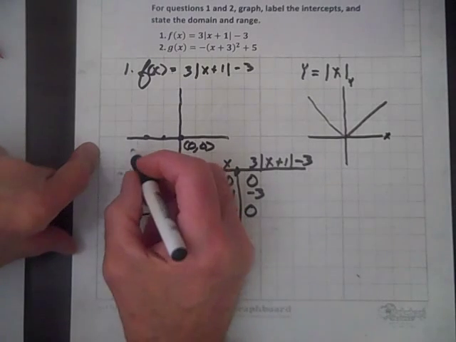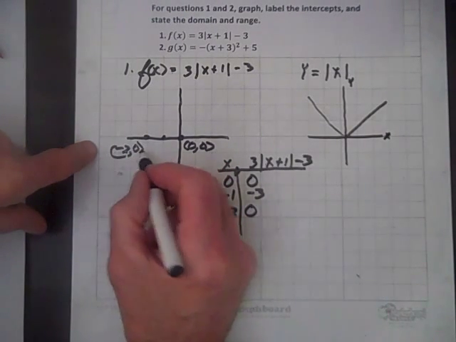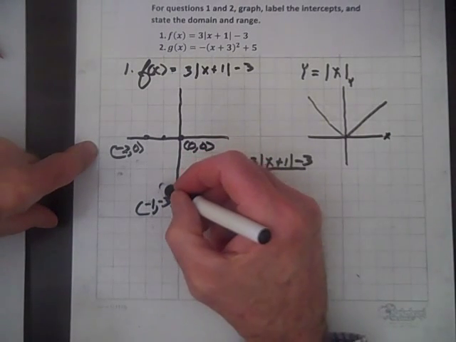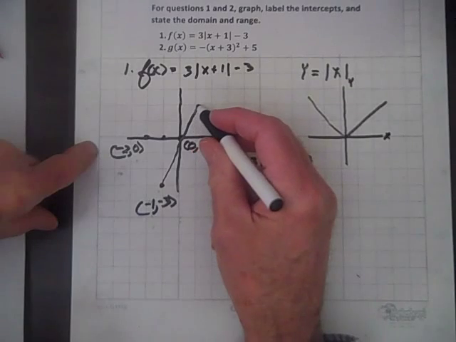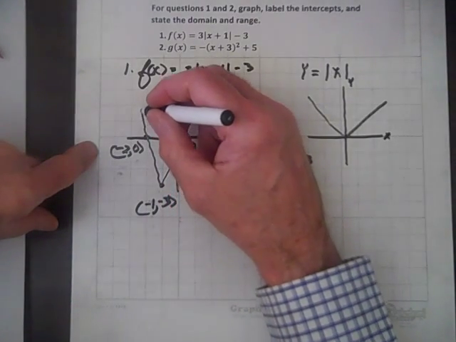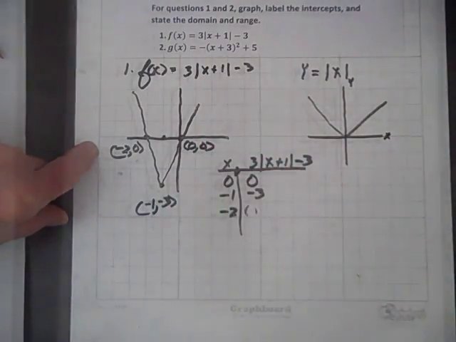And we'll go to negative 2, 0. Now, from the vertex, we'll run a ray through 0, 0. We'll run another one through negative 2, 0, and we have graphed our function.